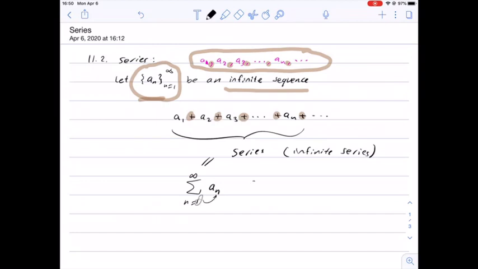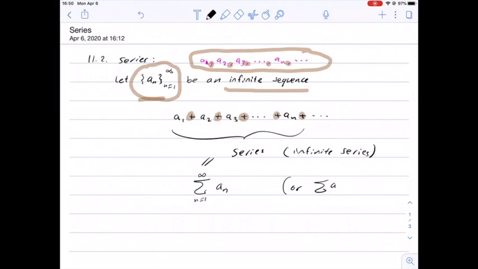That means we substitute first 1 here to get a1, and then we add because we have sigma. Then we substitute 2 here, so we get a2. Then we add because we have sigma, and so on. So this is the notation that we are going to use here: the sum from n from 1 to infinity of a sub n.